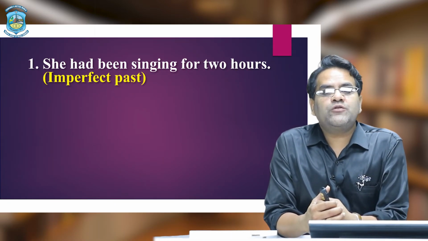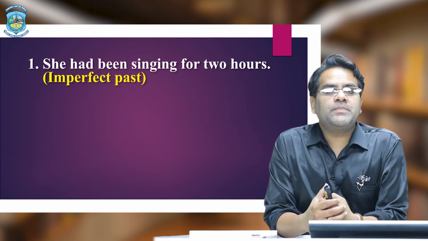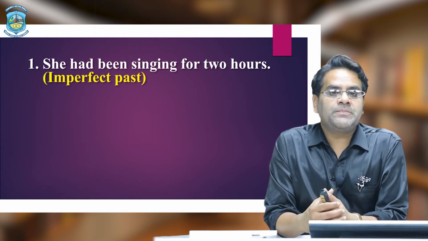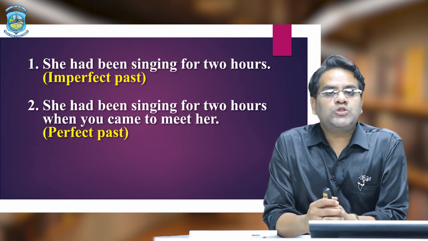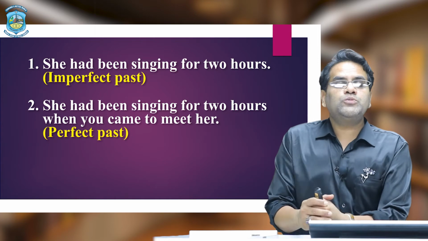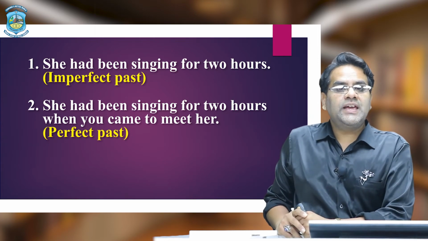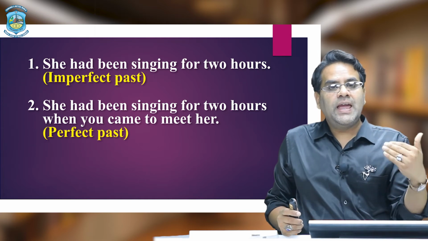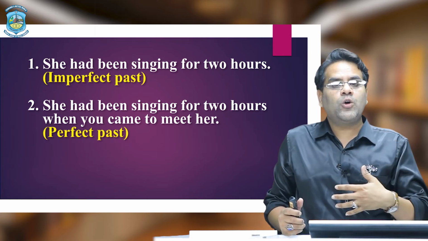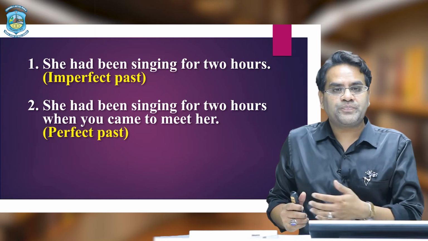She had been singing for 2 hours. This statement was an imperfect past. Look at the second statement. She had been singing for 2 hours when you came to meet her. This was perfect past. I hope you understand the difference between imperfect past form and perfect past form.